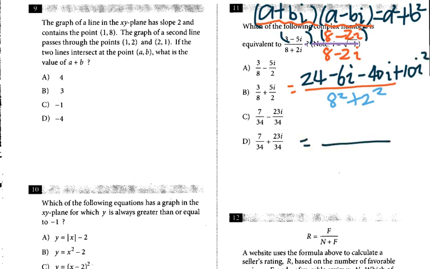Your bottom you will get 68. And for the top, you know that i squared gives minus 10, so you will get 14 minus 46i. If you reduce, you could see that's the answer.